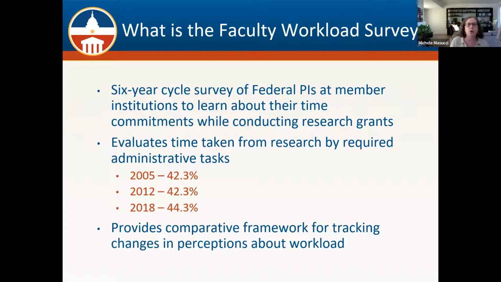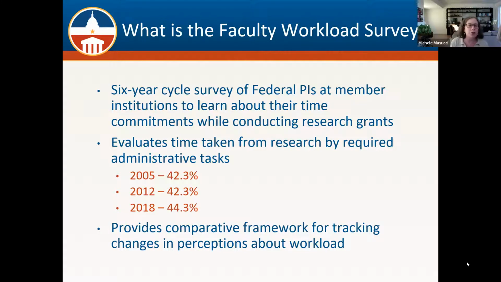So we are pushing right up against the time that we need to be organized in order to implement the fourth faculty workload survey in or about 2024. And that's one of the things we'll talk about today. And I hope you'll be thinking about what the timing looks like and whether that is the right timing to actually do the next implementation.